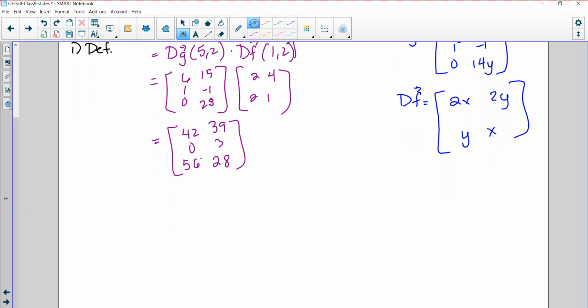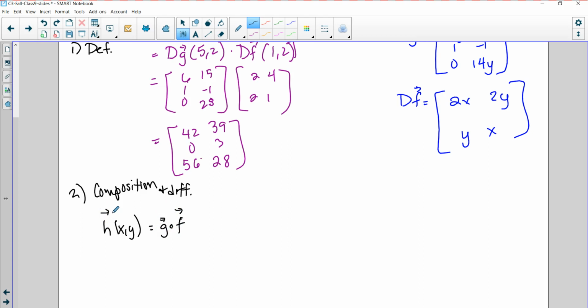The second way we can do it is actually a way to skirt around the chain rule, and let's just do the composition first and then differentiate. That is to say, we're going to find h of (x, y), that is g of f, again, remember my vector notation.